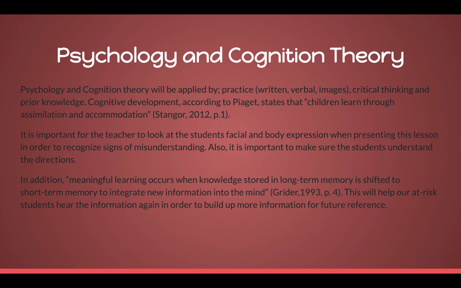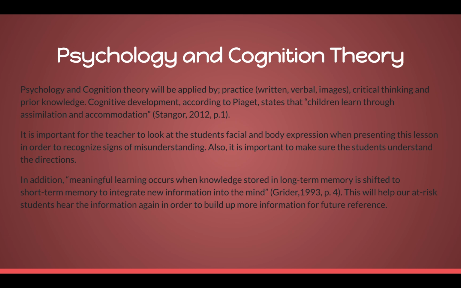Moving forth, there are a variety of different theories that we're using in our unit plan. Here we see the psychology and cognition theory. The psychology and cognition theory will be applied by practice, written, verbal, and images, critical thinking, and providing knowledge.